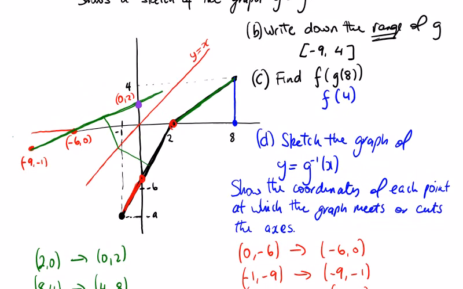So 2, 4 approximately there, and 8 is approximately up here. So the purple line looks like it's the inverse of this one, and you can see it does look like it's reflected through the line y equals x. So these are pretty accurate. You guys are going to have used graph paper and been a little bit more accurate than me.